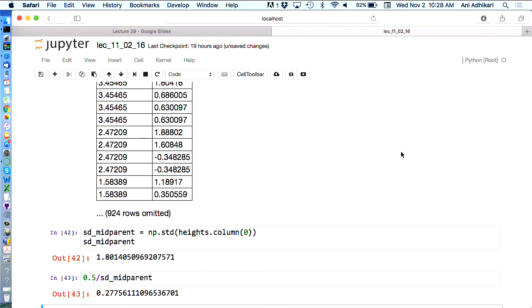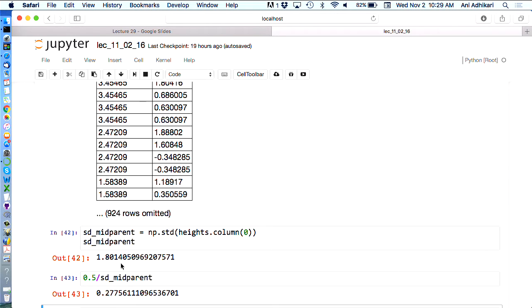Yes? What I'm doing is, so 0.5 is an amount in inches. The SD is an amount in inches, 1.8 inches. What I'm saying is 0.5 inches is how many SDs?